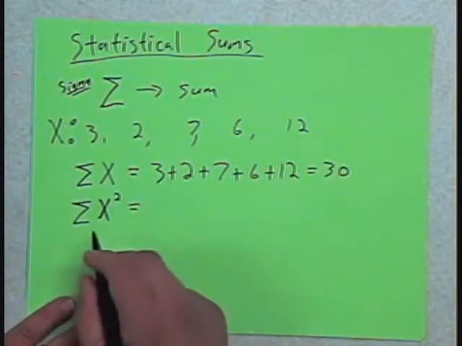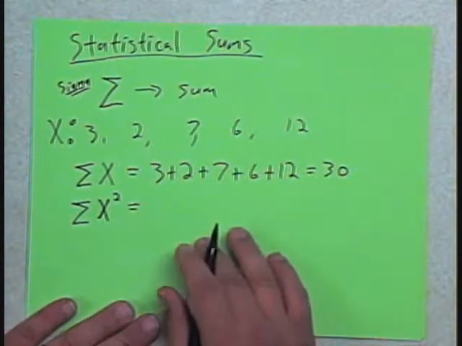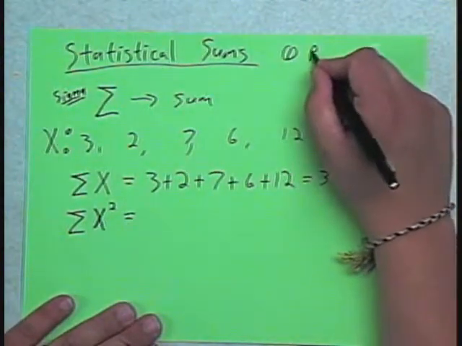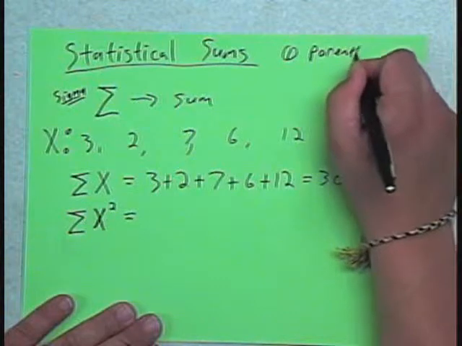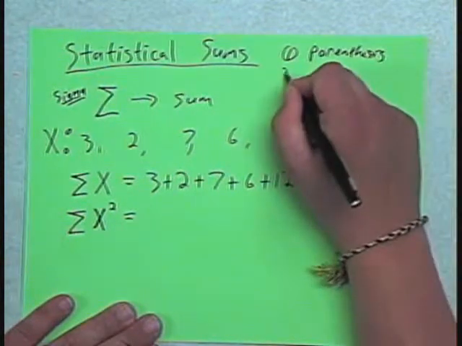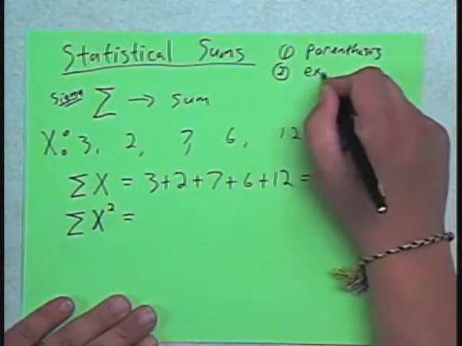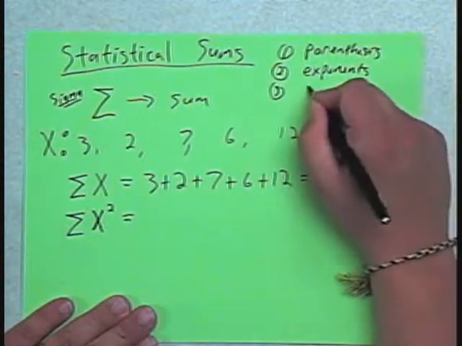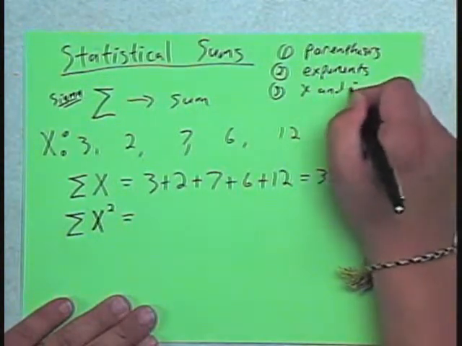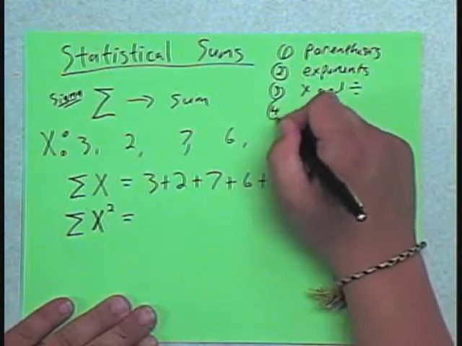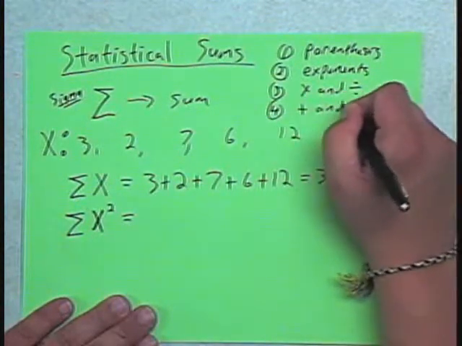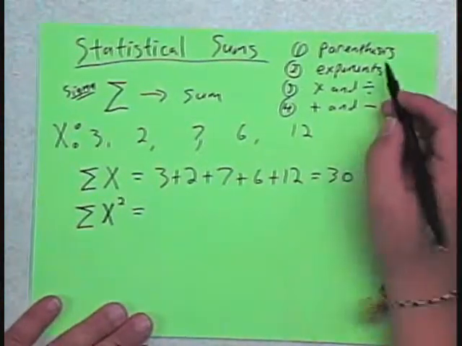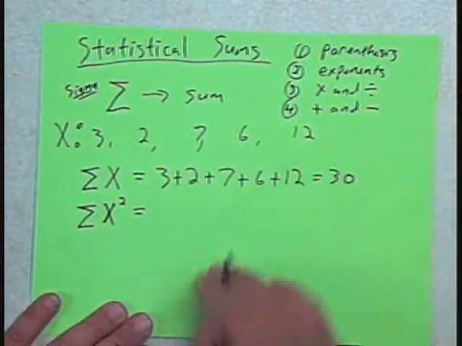And you always do exponents before you add. If you don't know the order of operations, let me put them up here. Parentheses, and then exponents, and then you're going to multiply and divide from left to right, and then finally you're going to add and subtract from left to right. So these are the 4 order of operations, and exponents certainly comes before adding.